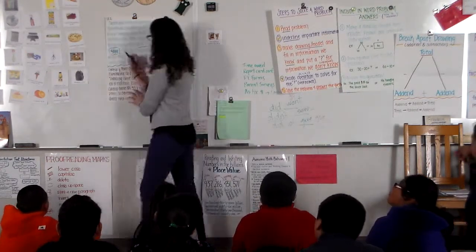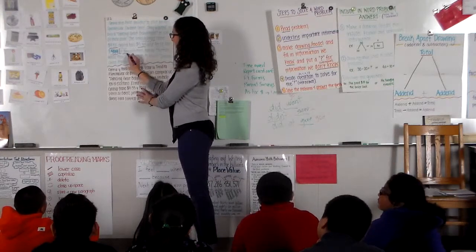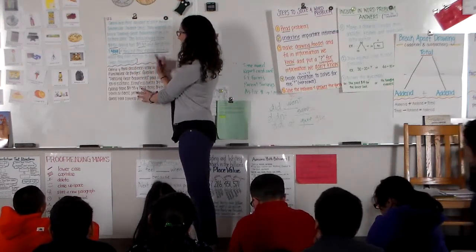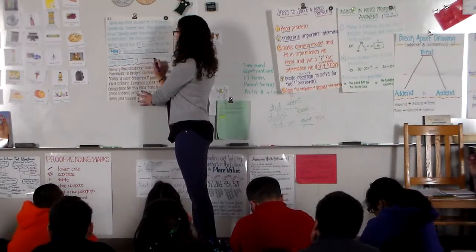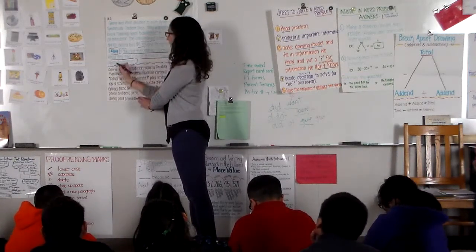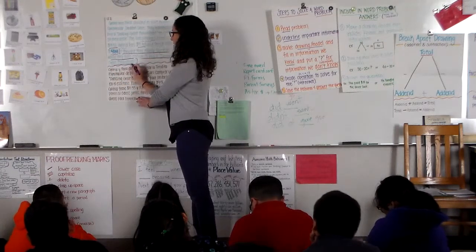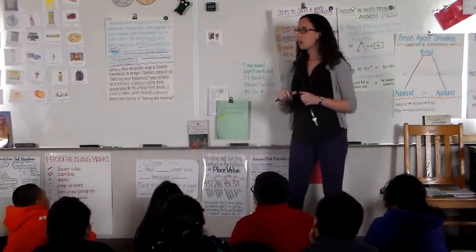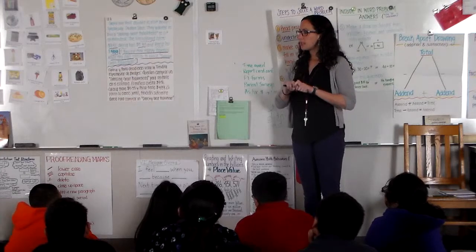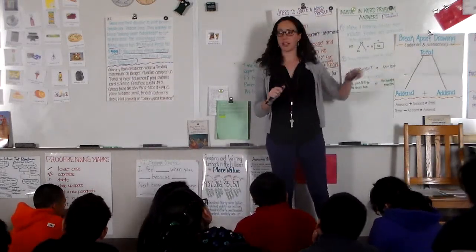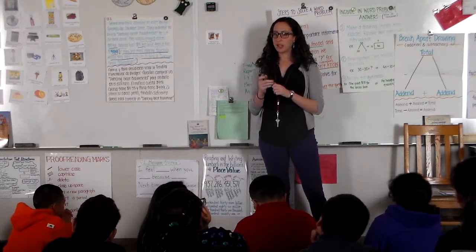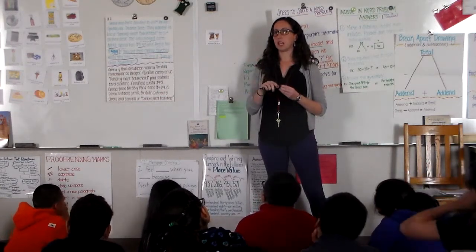So let's go ahead and underline that. If they put their money together, what does that mean? If they add it. Okay, if they put their money together, will they have enough money to buy the dancing group bobbleheads? So I want you guys to think, before we decide if we're going to use the break apart drawing or the rectangle model, about what operation you think we're going to use.